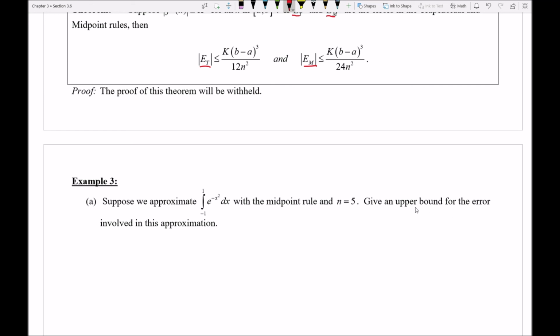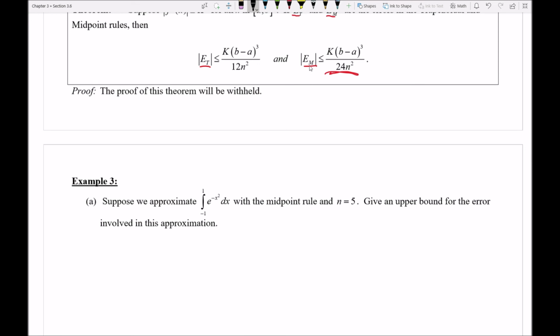That is, can I give a cap on the error that I might receive when I do this approximation? That is, without building the rectangles, without finding the approximation, can I figure out how bad the approximation might be? How far off of the right answer might it hit?